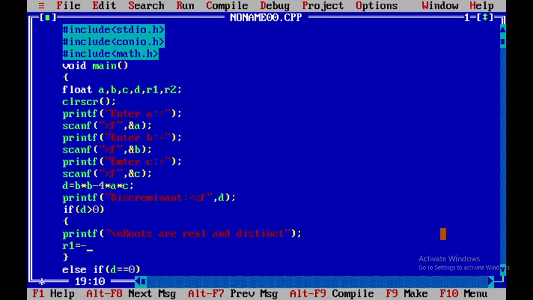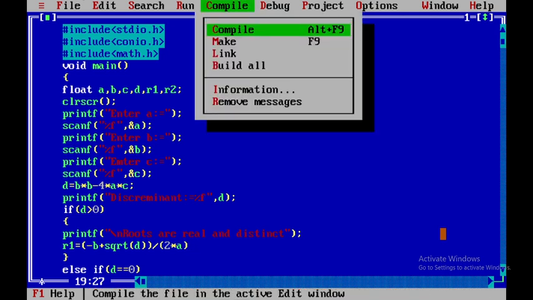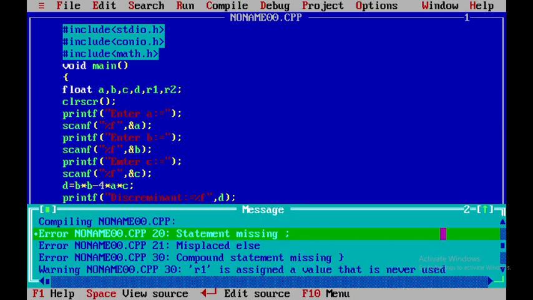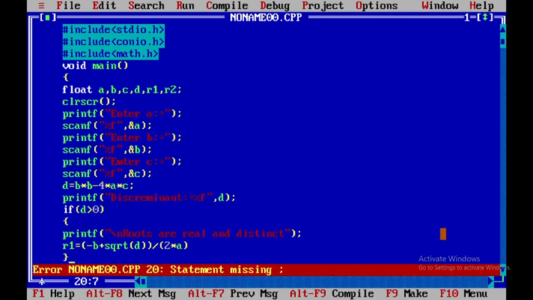So r1 is equal to minus b plus square root of d, sqrt of d, divided by 2 star a. Now if you compile one more time, 3 errors, statement missing semicolon.